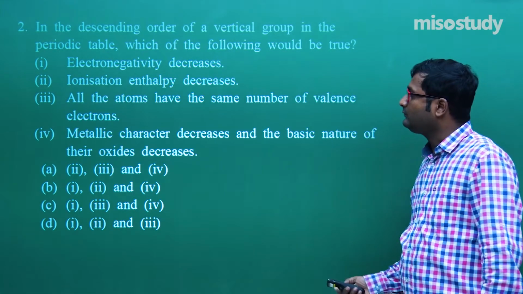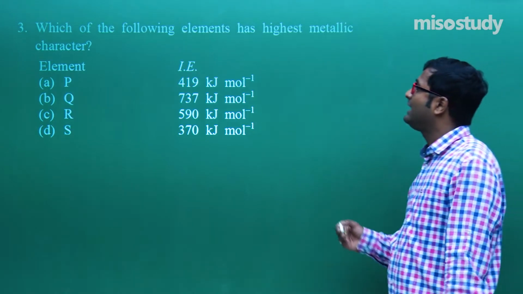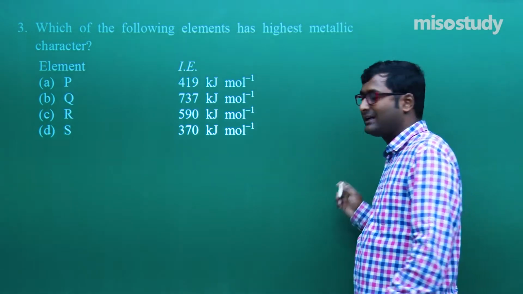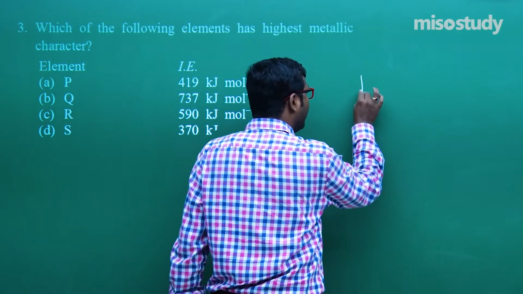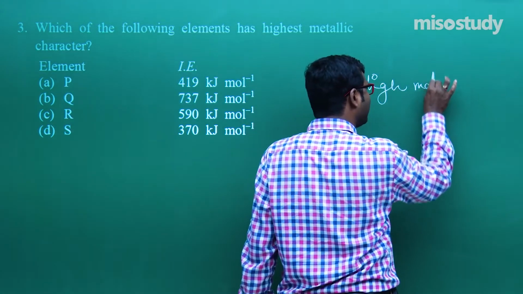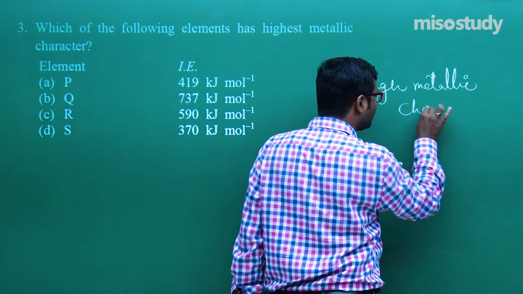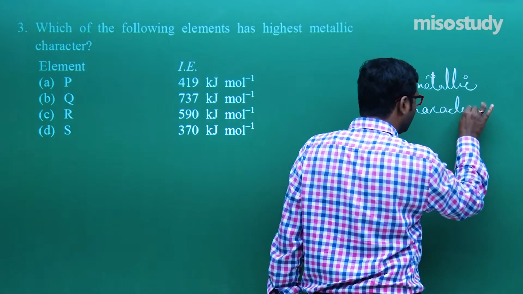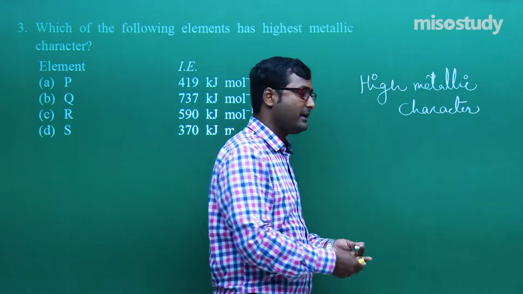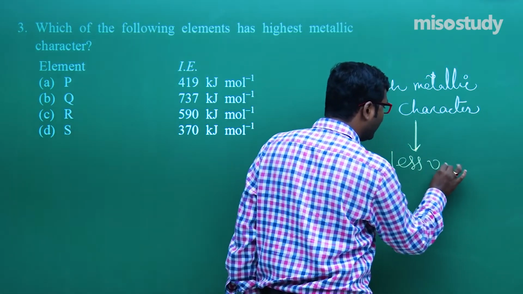Now, check out question number 3. Which of the following elements has high metallic character? As I told you, if the metallic character is high, then it will have less value of IP.